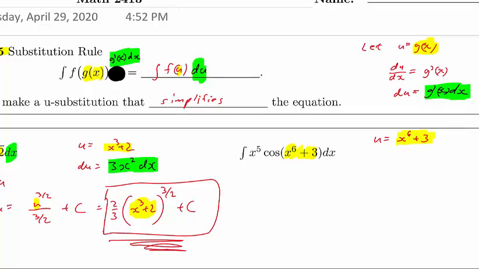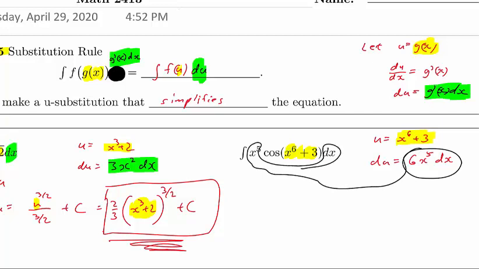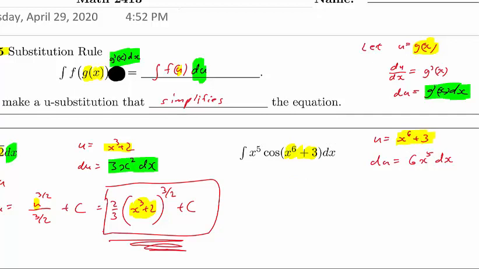So let's go ahead and take the derivative. du equals 6x to the 5th dx. And note something here. This expression here does not match this expression here. So it means we've got to do a little bit of surgery. We're going to divide both sides by 6.